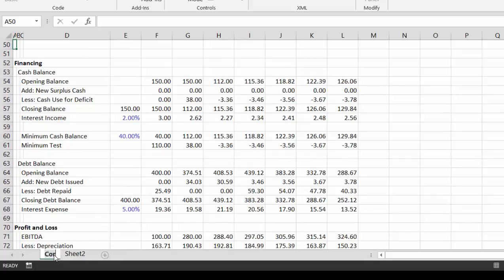Those are all the key points in this corporate model. So this corporate model, if anybody's still listening to this video, I would be shocked.